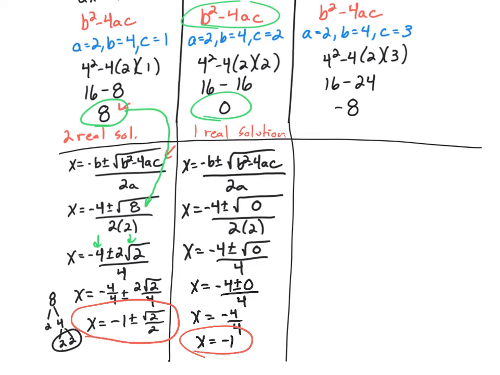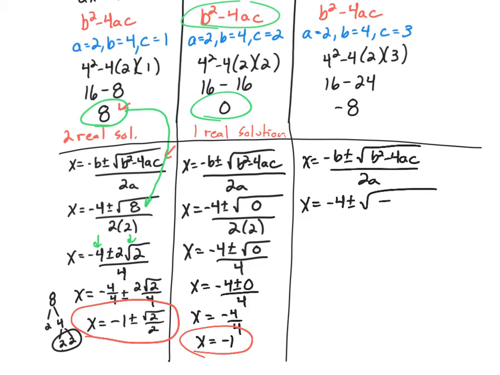So in the first one, we had two solutions. Second one, we had one real solution. Now in the third one, we're going to do this one more time. So x is equal to negative b plus or minus the square root of b squared minus 4ac all over 2a. Or x is equal to, start substituting the numbers in, negative 4 plus or minus the square root of, we said our discriminant was negative 8, all over 2 times 2.